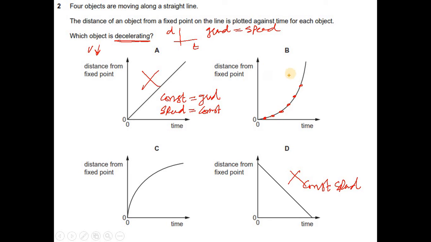That means this is the graph of speeding up or accelerating motion, the object is moving with increasing velocity. Here, as you move along the curve, the gradient of the curve is decreasing. That means speed is decreasing, so the object is decelerating. That means your option is C.